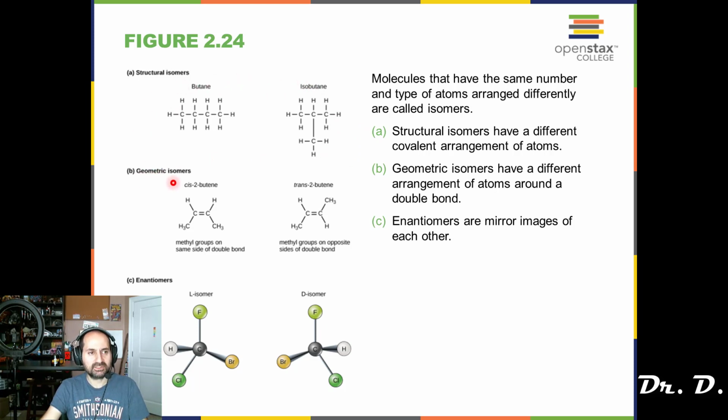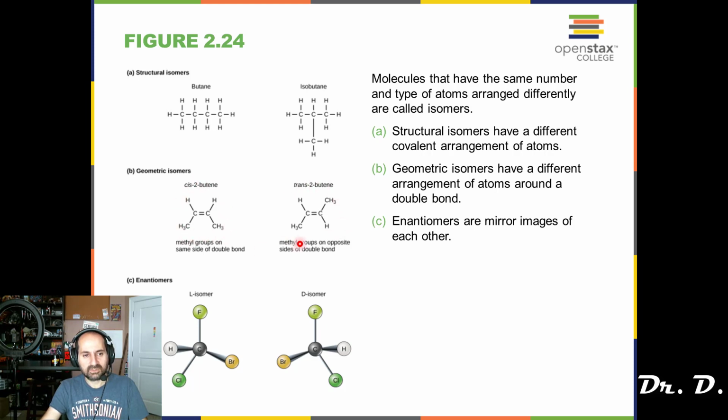Geometric isomers are a type of structural isomer. Geometric isomers are when you're dealing with flat molecules. You see this flat? Or anytime you're dealing with one side different than another. For example, look at this. Both of these, cis-2-butene and trans-2-butene, are C2H2 with two CH3s, right?